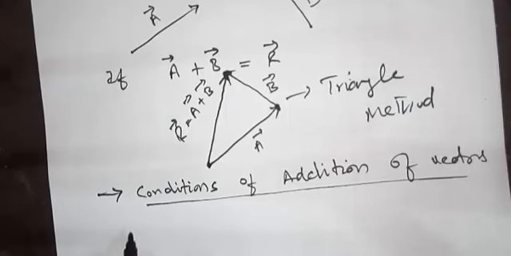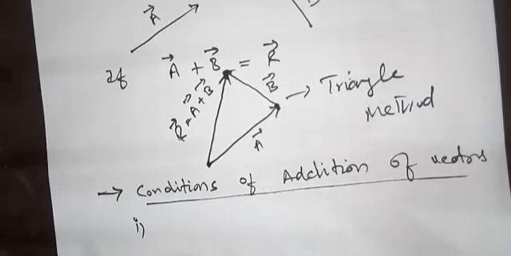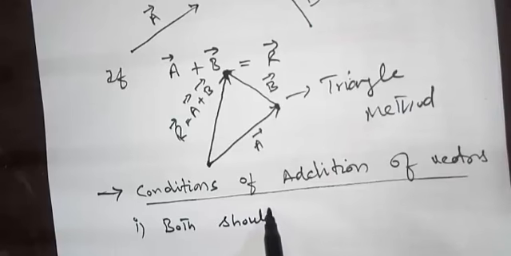The first one is that the quantities which are being added must both be in vector form. Both should be vectors.